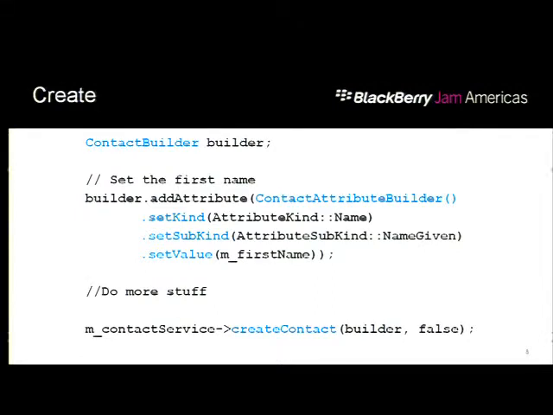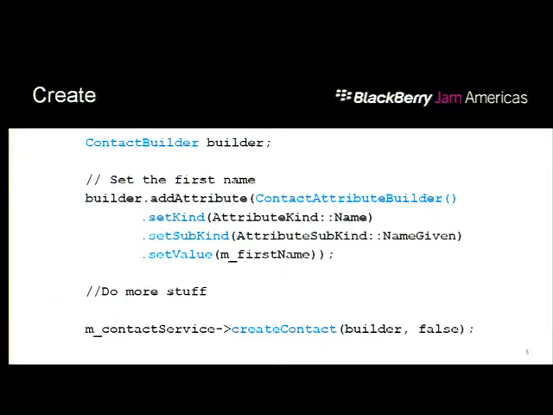So you create a builder, then you set kind, and if you haven't used builders before, you get a builder object back from this, so you can just keep calling new stuff onto it. So you set the kind for the attribute, then the subkind, and then what the actual value is.